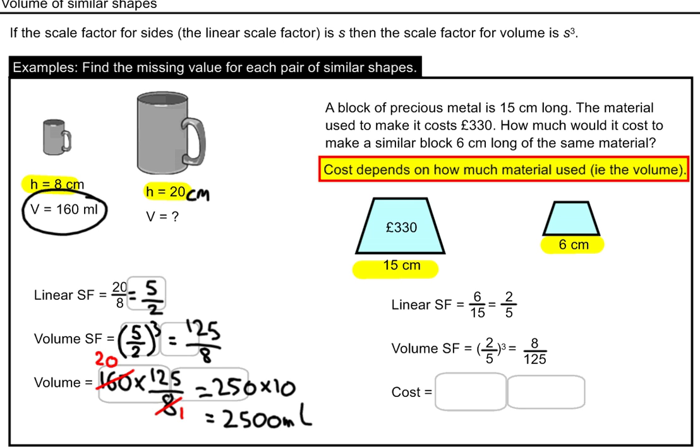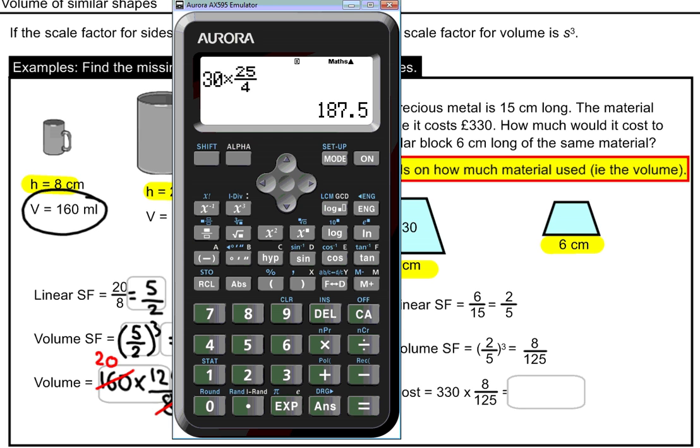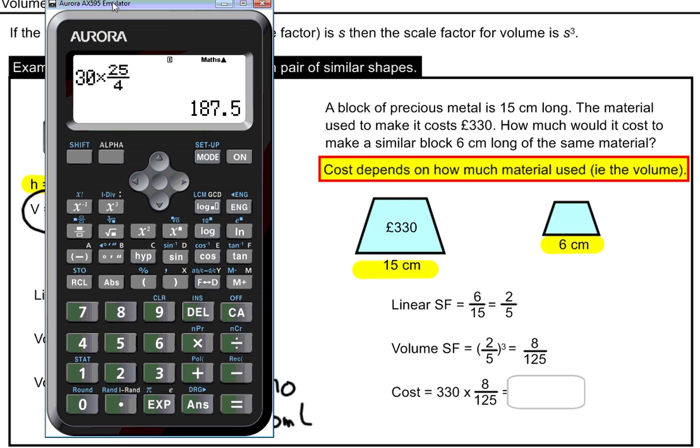My cost, I would need to take my £330, times it by this volume scale factor. And again, I think, just going by experience, this would probably be a calculator question, just looking at those numbers. So plugging that into my calculator gives me that. £21 and 12 pence.